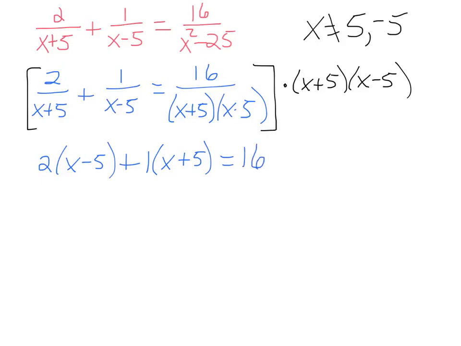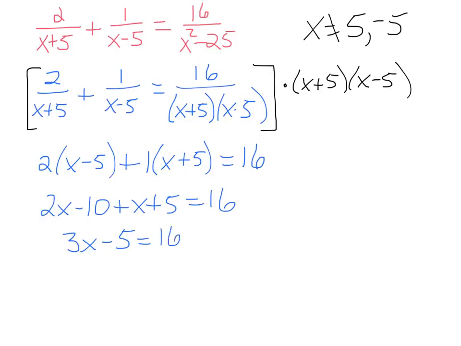Again, we have a very simple equation here. We're going to distribute first. 2x minus 10 plus x plus 5 equals 16. We're going to combine some like terms, so we have 3x minus 5 equals 16.